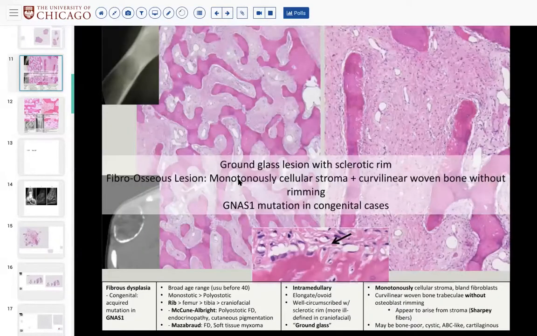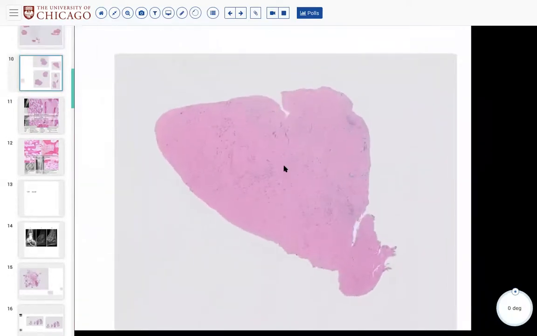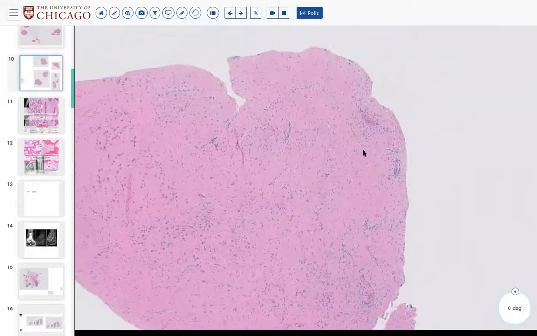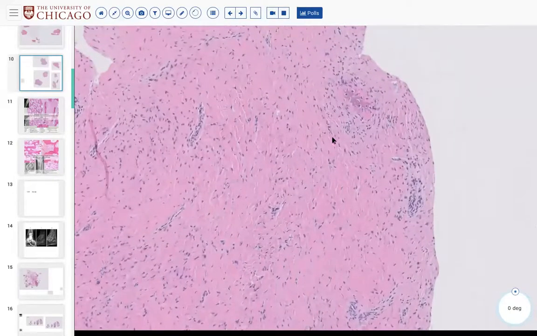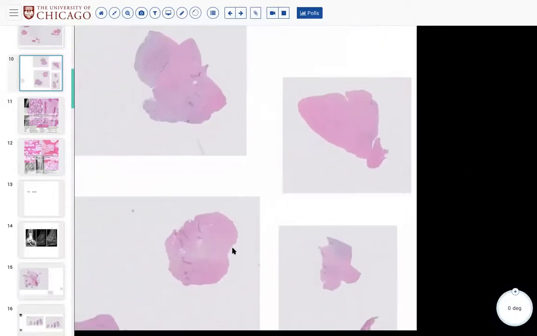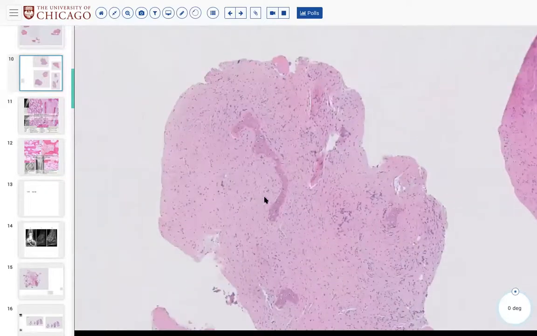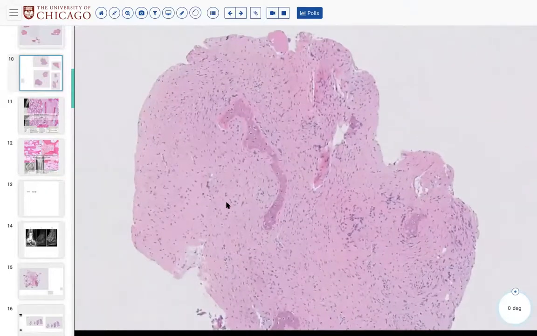Radiographically, characteristically, this so-called ground glass lesion, with a remaining sclerotic rim of bone that bows out the bone. In some circumstances, it may be bone poor. If these things are around for a long time and they start to mature, you may not get much bone, which is the case here. So if you have a predominantly fibroblastic lesion with minimal bone, fibrous dysplasia is still okay and is still on your differential. Here's a nice trabeculum here.